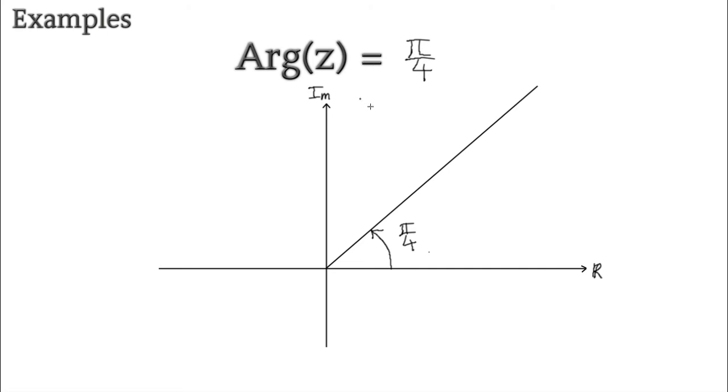And if you have inequalities rather than equalities, then that means it would have to be the entire region, either greater than pi on 4 or less than pi on 4. And for arguments, they normally give you a range, so it would be something between pi on 4 and 3 pi on 4.